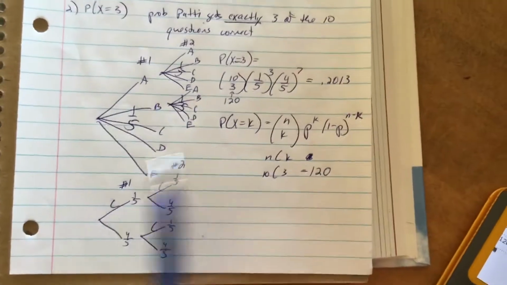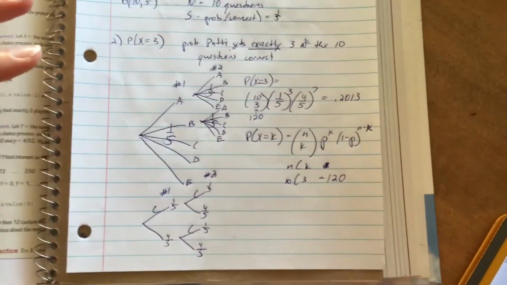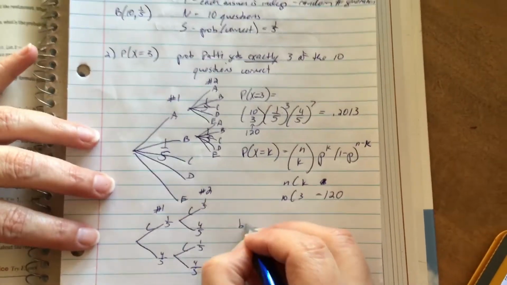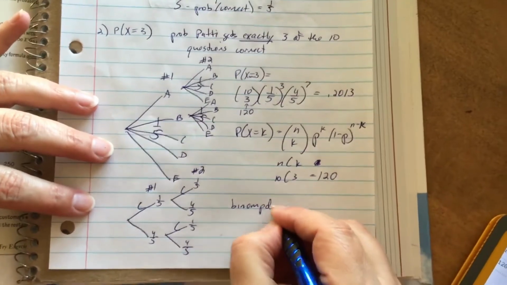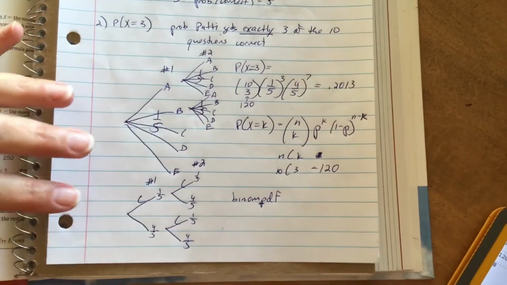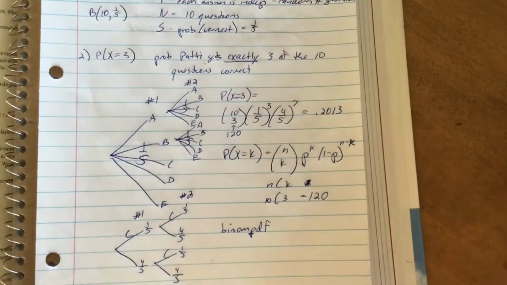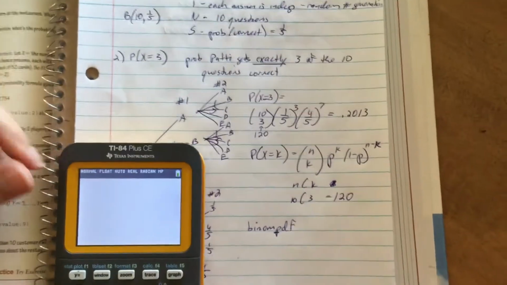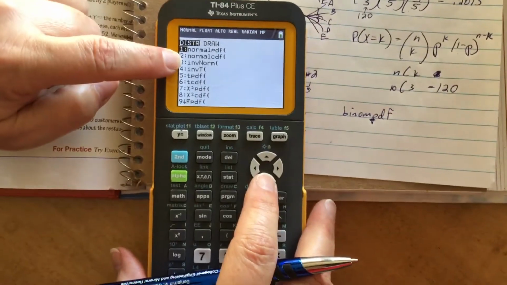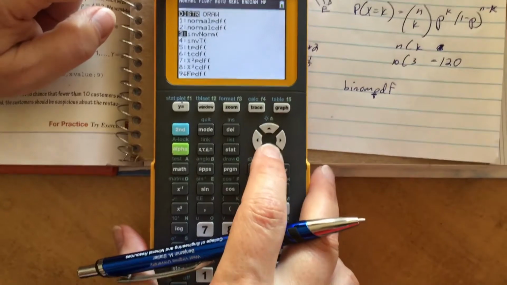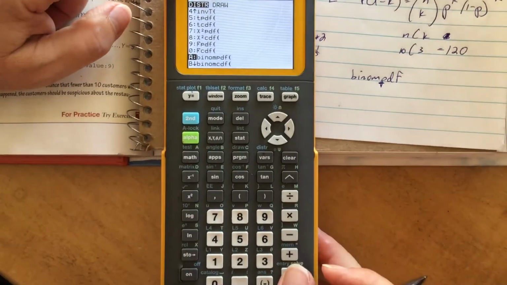But we don't need to go through this every single time. We are simply going to use binomial PDF in our calculator; PDF is for an exact value. Are you with me? In 2nd VARS, there are your normal PDF and CDF; we only use normal CDF. If you scroll down, there are your binomials. So there's binomial PDF.